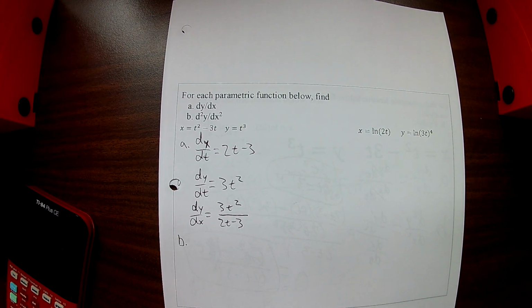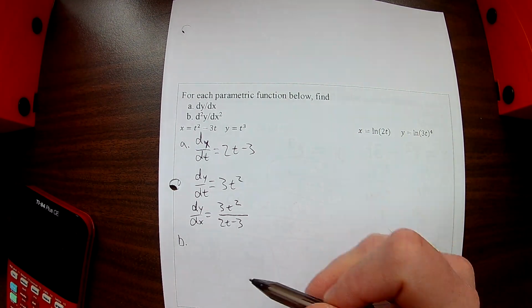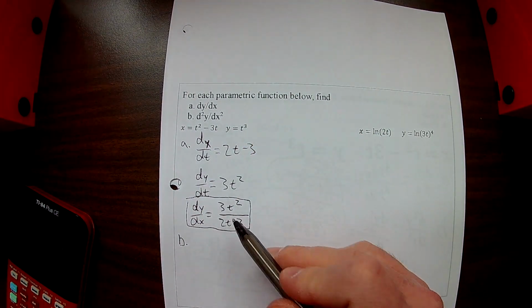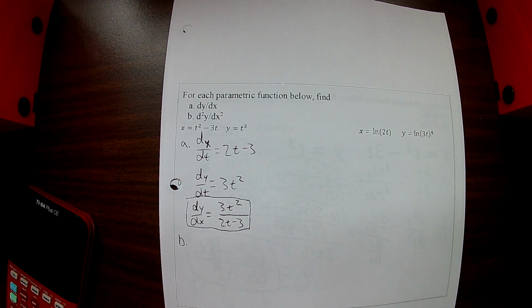Now pause for a second while you guys contemplate how bad this is. Again, there's the answer to A. We're going to have to do quotient rule here. That kind of stinks.